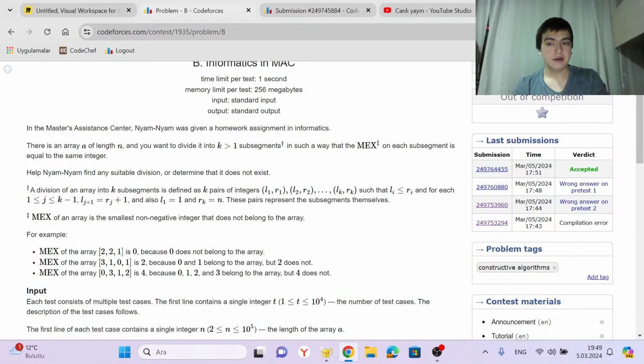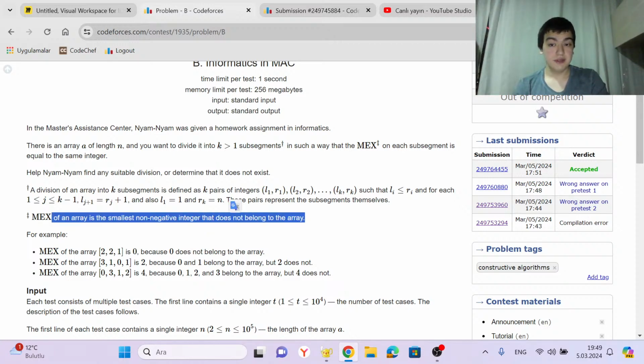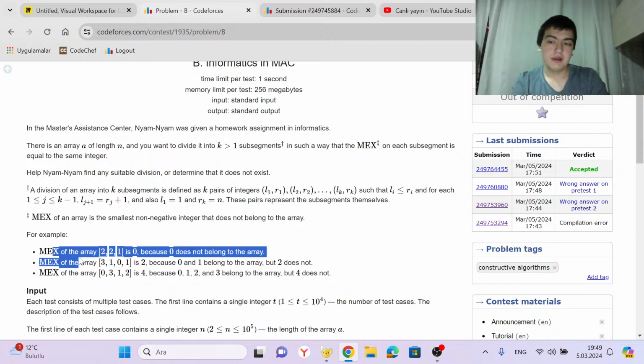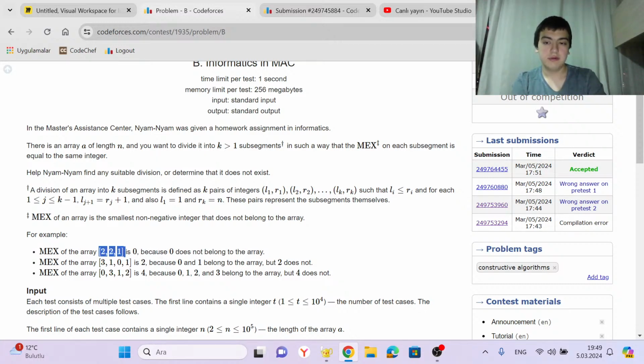Max is defined as the smallest non-negative integer that does not belong to the array. Like the max of [2, 1] is 0, because 0 is not in the array [2, 1].